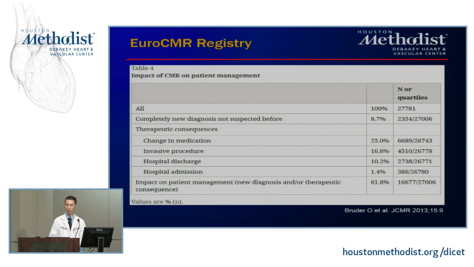In the 27,000 patients included in the study, 9% had a different diagnosis than anticipated. It led to a change in medication for 25% and invasive procedure in 17%, and actually changed hospital management in a fair percentage of patients as well. So yes, ordering a CMR does impact the decision making in these patients.